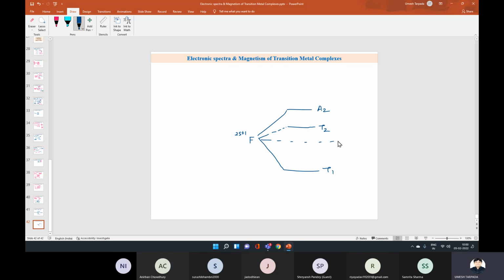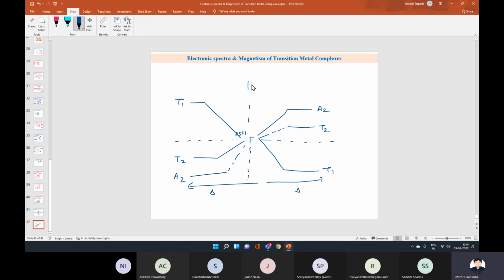This is one of the ways. And second one is, here you can have A2, then it's T2, and it's T1. So on both the sides, what is the diagram?